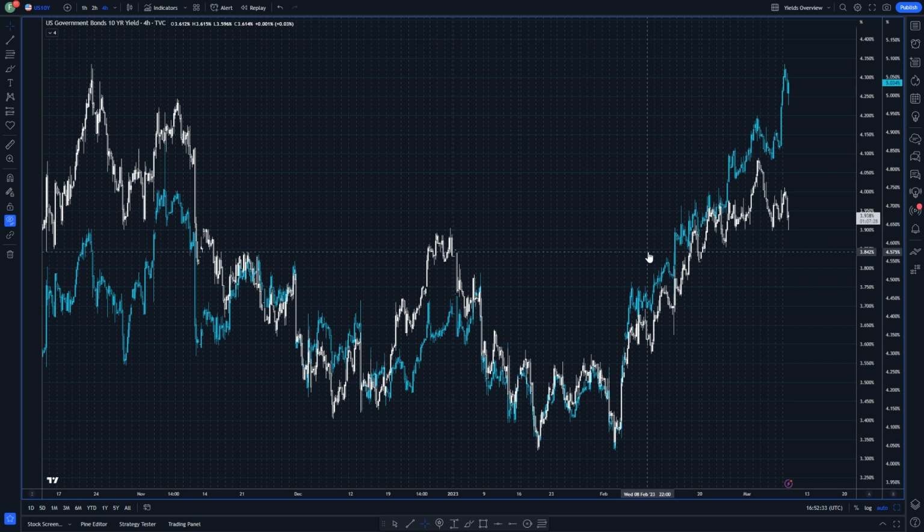Well, that's because even though 10s are impacted by short-term interest rate expectations, they are more impacted by the medium-term growth and inflation outlook. So with the markets pricing in a terminal rate of over 5.6%, it increased the odds of a hard landing or a recession in the economy. It damaged the medium-term outlook for growth and inflation.